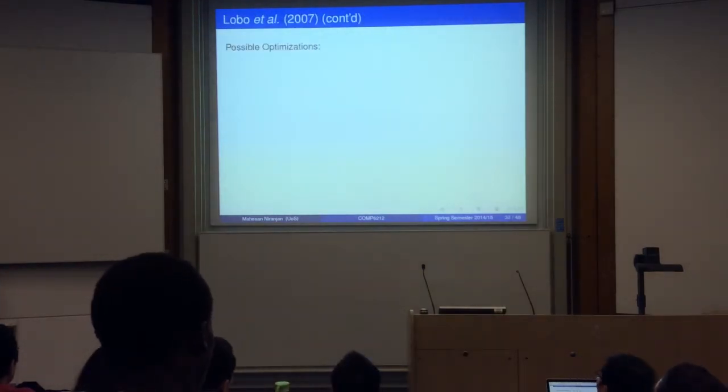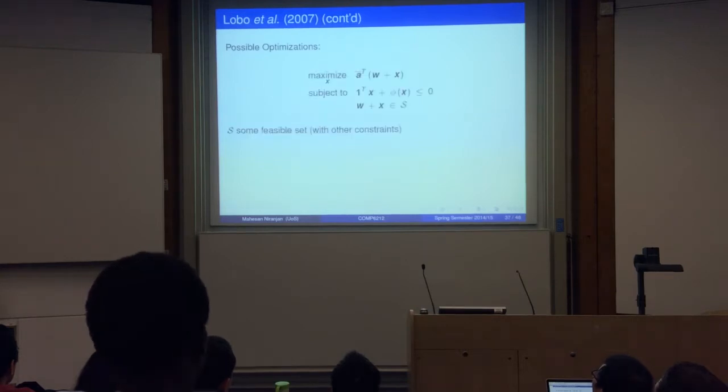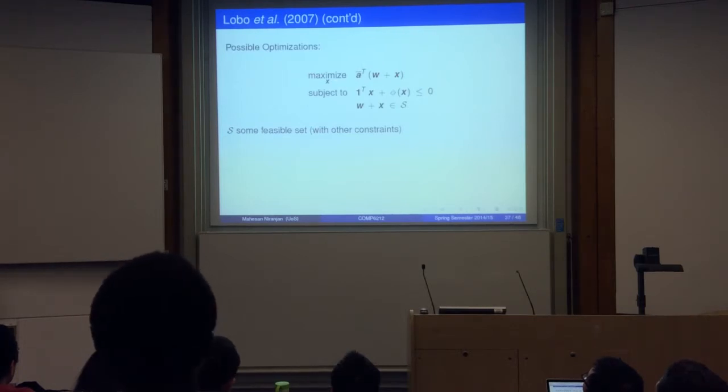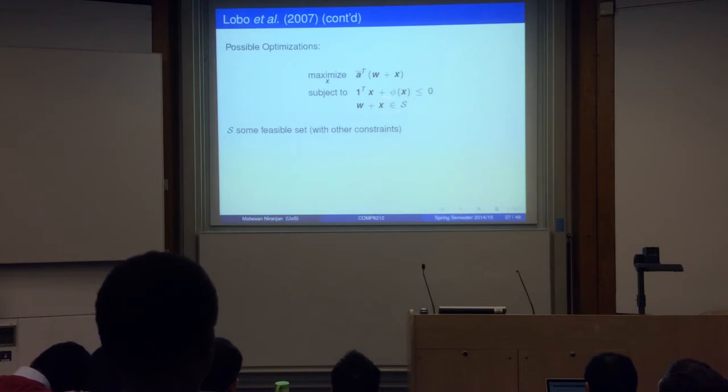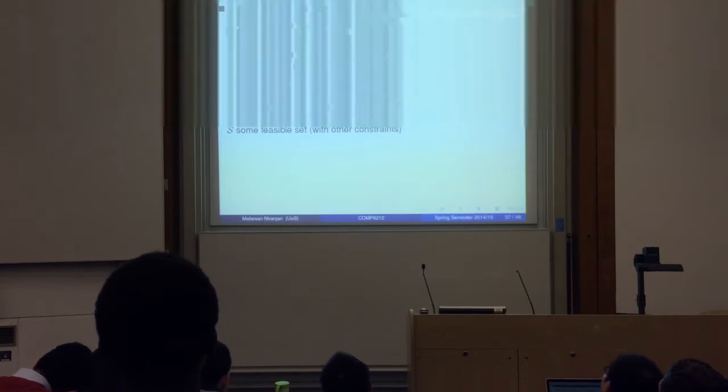Okay, so what kind of optimizations could one do in this? Like I said before, you can ask the question, I want to maximize my wealth at a particular period of holding this investment, subject to this transaction cost being negative, and that the solution that I get is in some feasible set of solutions. So this is written very generally here, but we can expand on this.